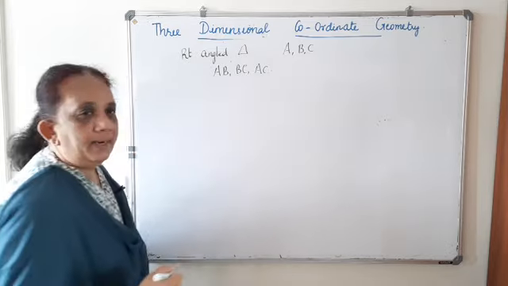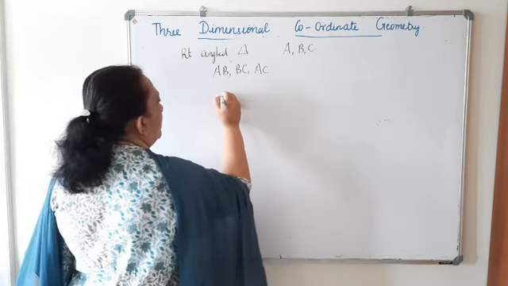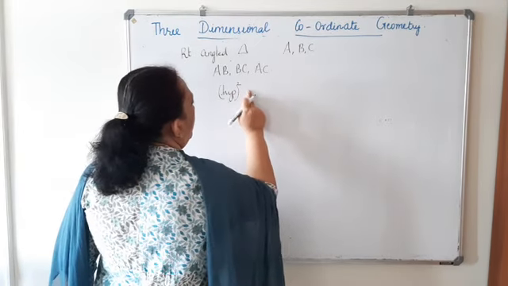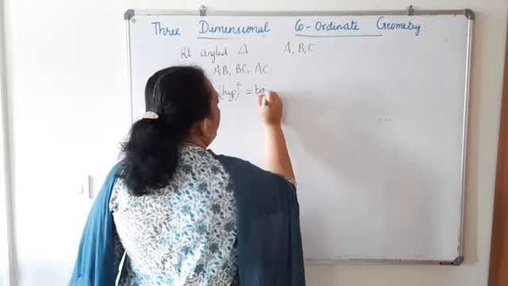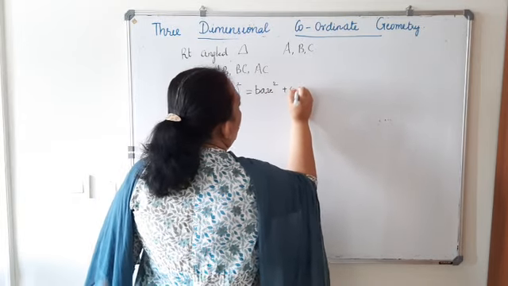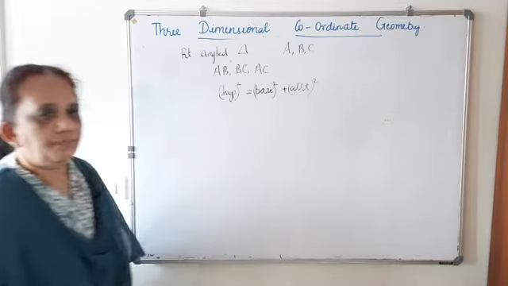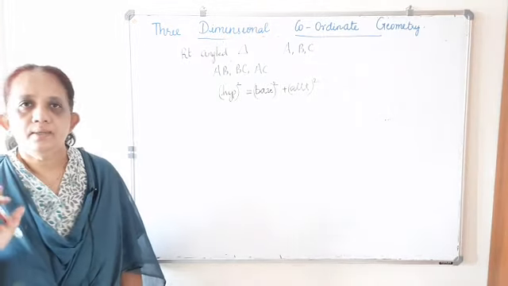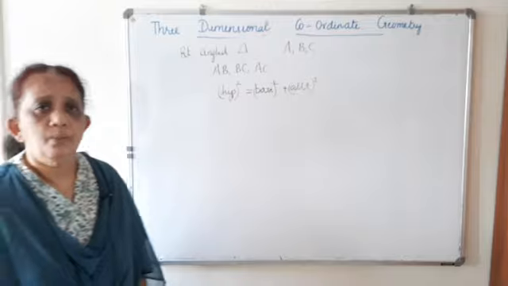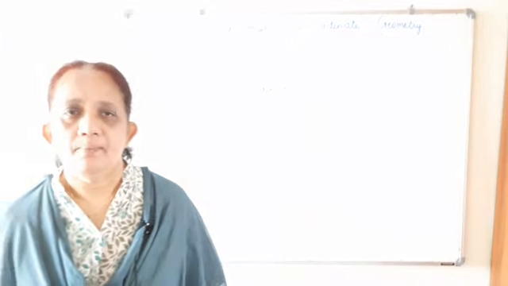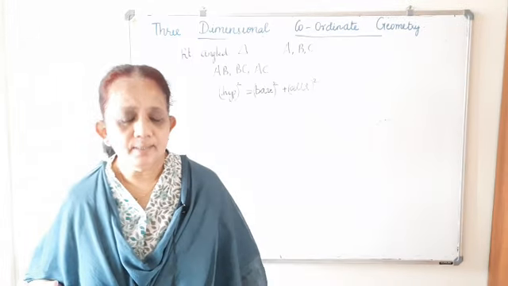You can find a relation as the Pythagoras theorem, that is hypotenuse squared is equal to base squared plus altitude squared. If you can express in this form, then that means you are finding the distance AB, BC, AC. Anything can be hypotenuse, base and altitude. If hypotenuse squared is equal to base squared plus altitude squared, that means that triangle is a right-angled triangle.